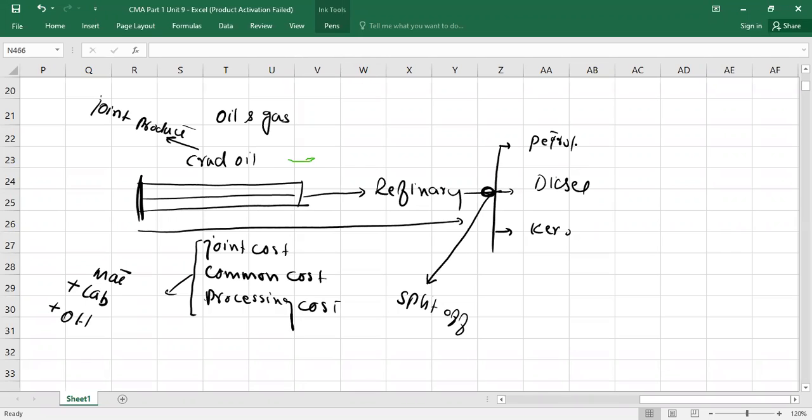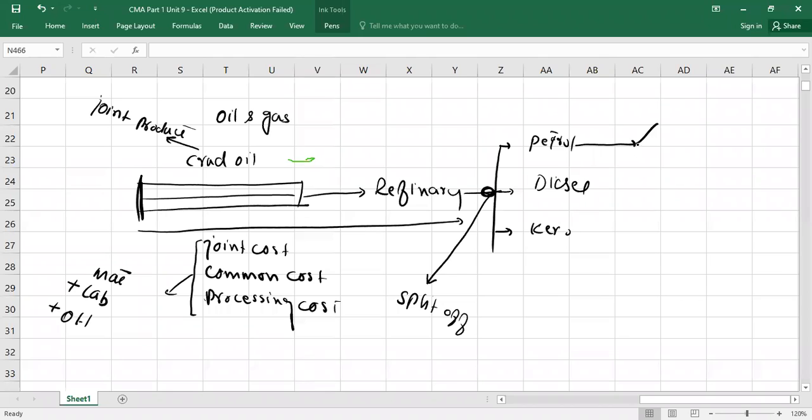Now continuing with the next. For example, this petrol which you got at the split off point. Maybe you want to process it further. Obviously, there are different types of petrol available, right? Maybe special, high octane, low octane, different types. If you process this petrol further, you will also incur further cost.